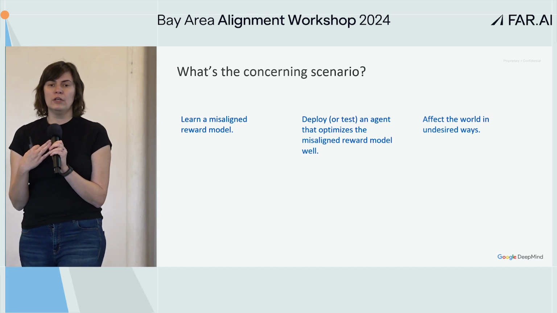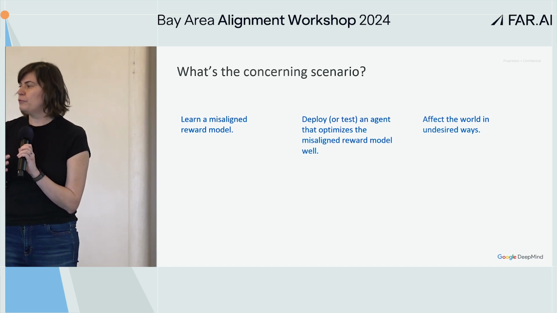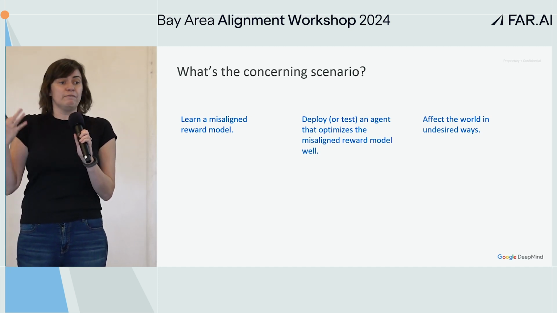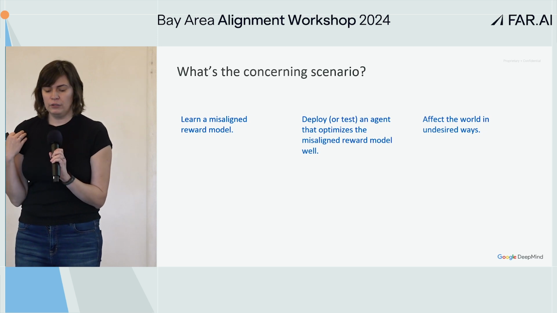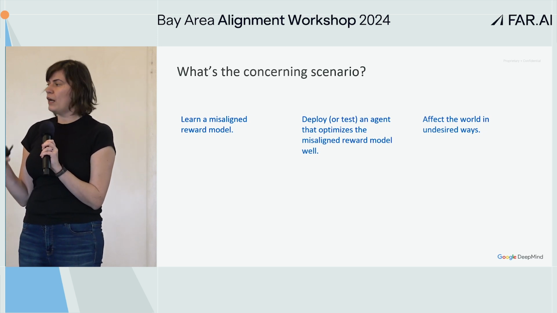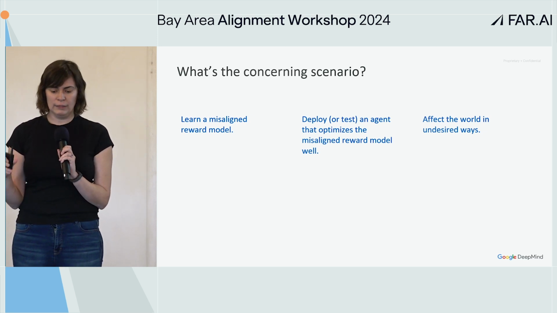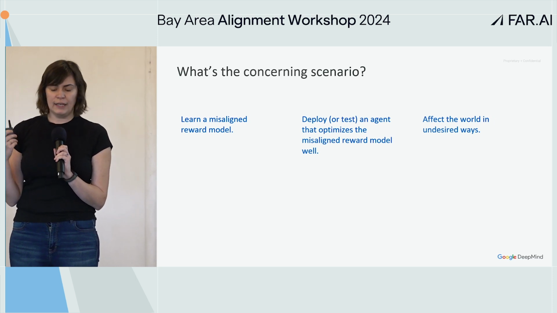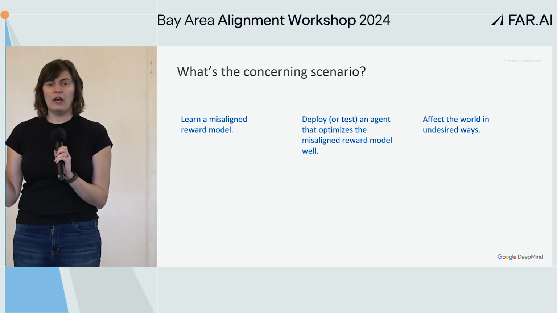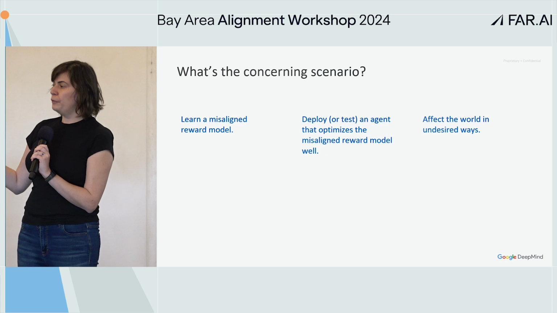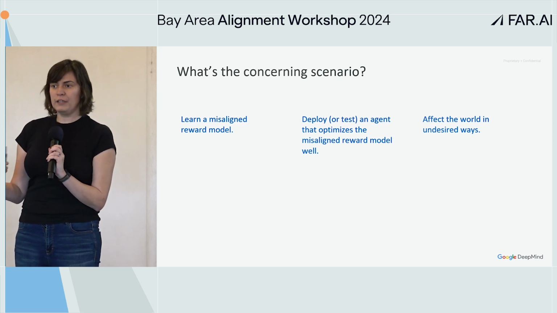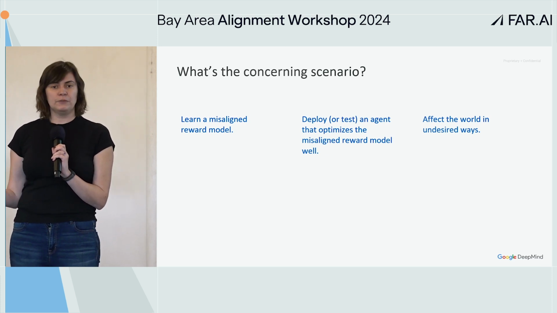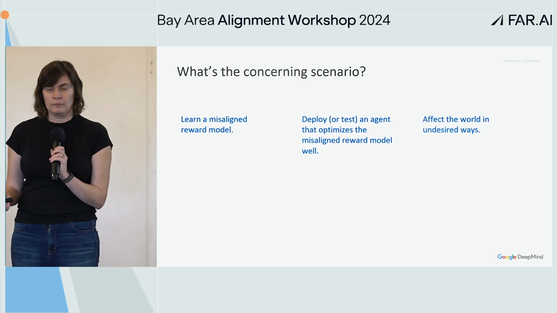You do some notion of reward learning or goal inference, and you infer a goal that's not quite what people want. Then you deploy or you test an agent that actually optimizes for that reward or goal really, really well. And then that affects the world in undesired ways.